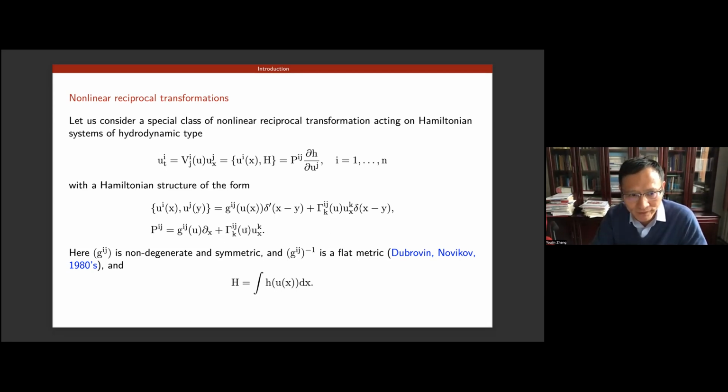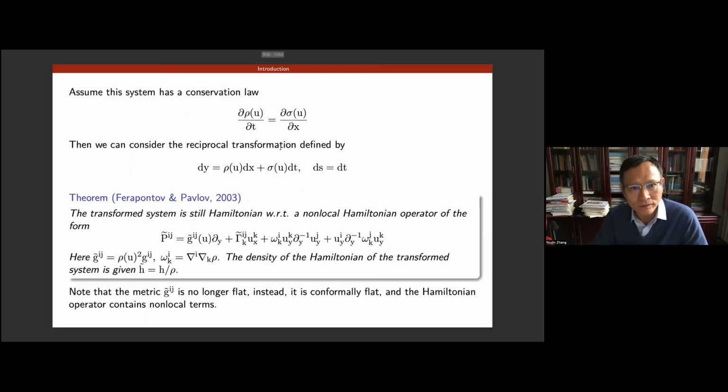So we assume that we have this kind of Hamiltonian system. Then we can perform a reciprocal transformation given by a conservation law. A result of Ferapontov and Pavlov says that after this reciprocal transformation we still obtain a system of quasilinear PDEs, and again we have a Hamiltonian structure, but the Hamiltonian operator is no longer local.